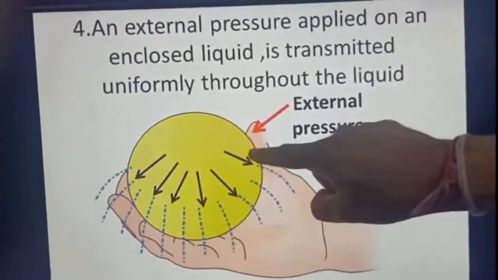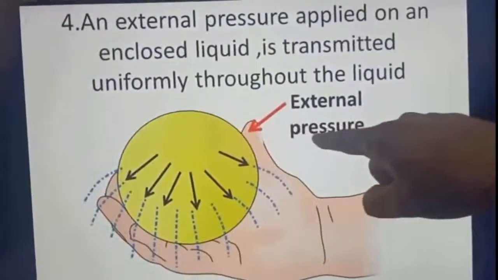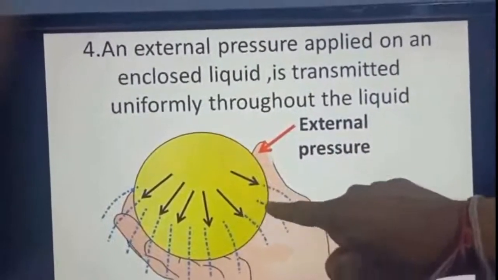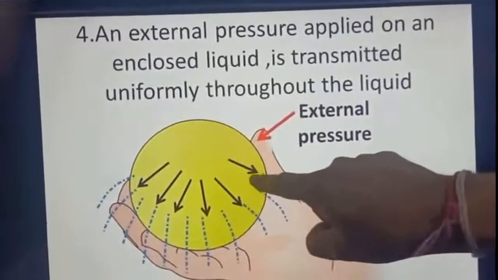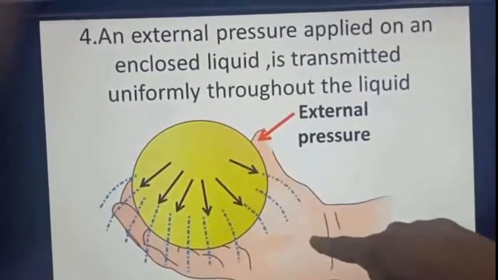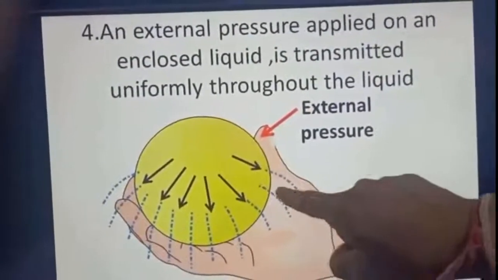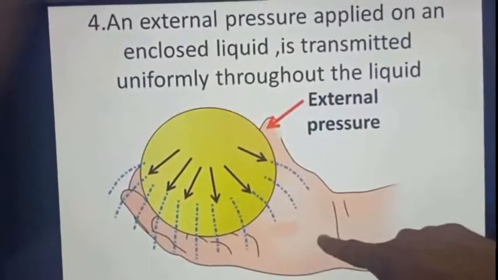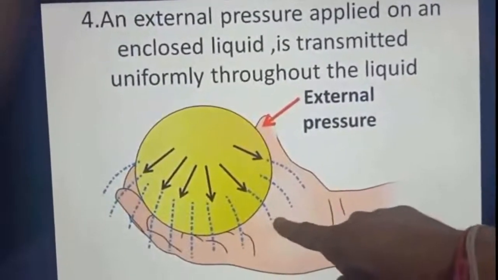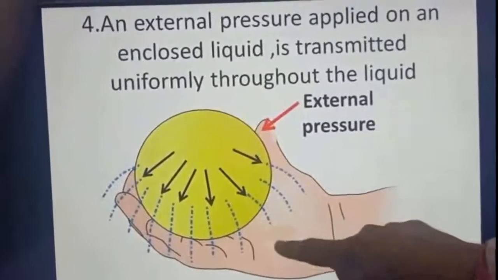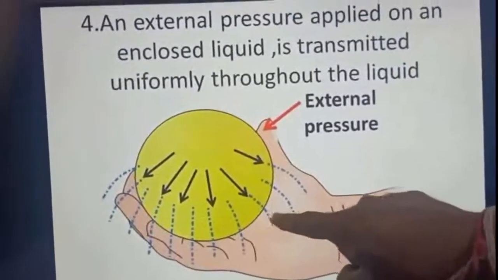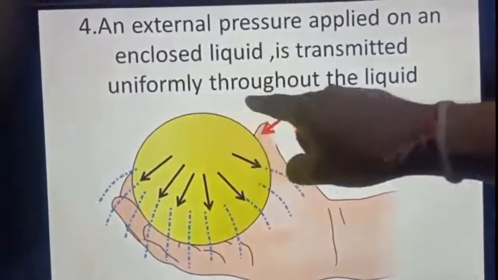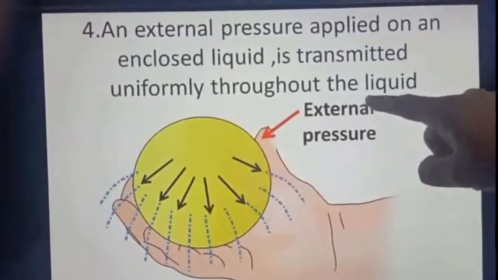Now we press the balloon with our fingers. We observe that water falls from these holes at an equal distance away from the balloon. It shows that external pressure applied on the liquid is transmitted uniformly throughout the liquid.